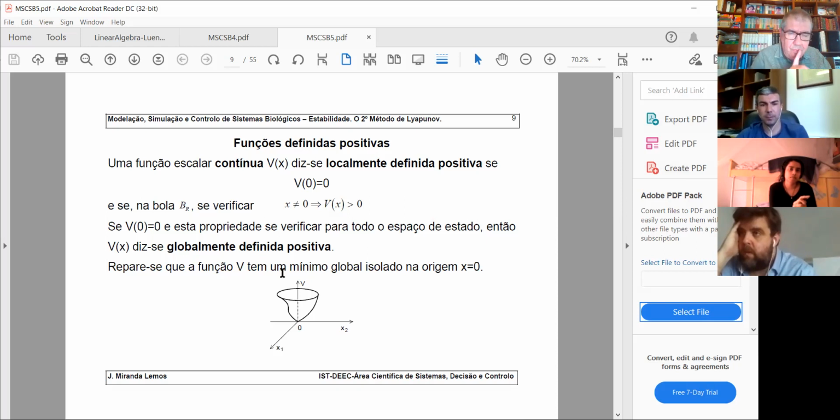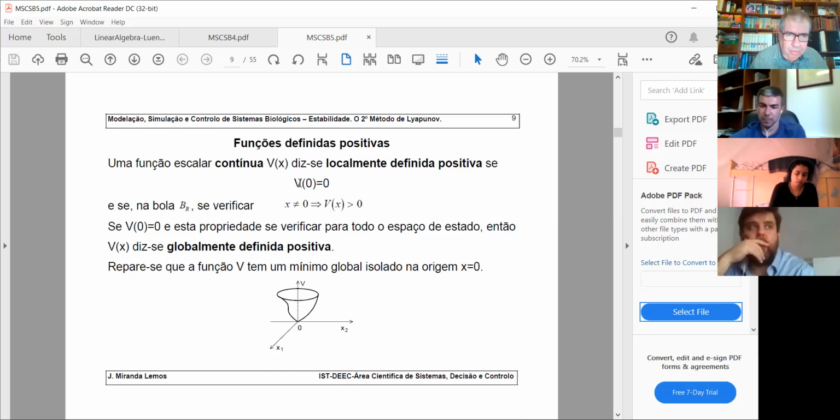Now, we need a couple of notions. One notion is a positive definite function. A positive definite function is a function of state. Imagine that at any point of the state, at any coordinates of the state, you have a real number. That's a function of the state.